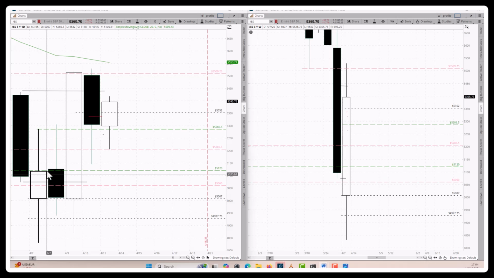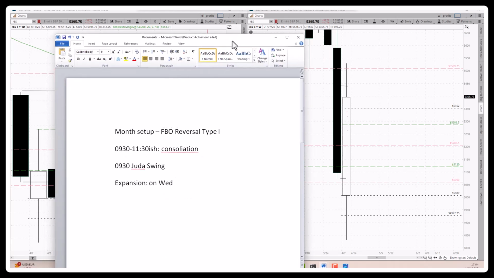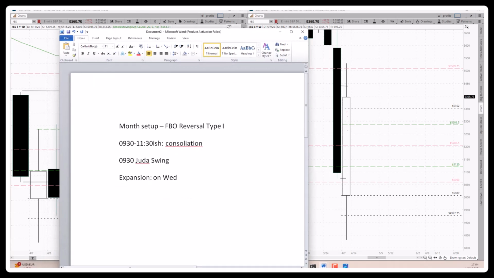And the test from below, the setup or the consolidation, happened on Monday and Tuesday. So you can say consolidation or liquidity engineering, whatever. Consolidation. In this case, it's a test from below twice. It's on Monday and Tuesday.